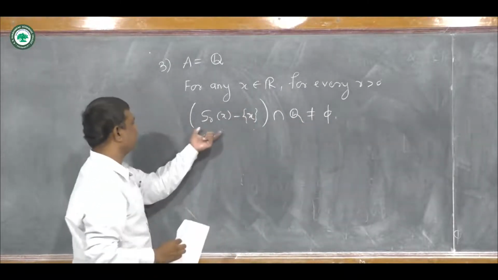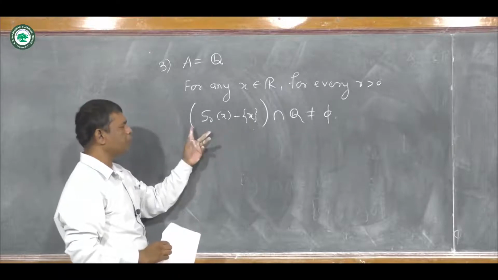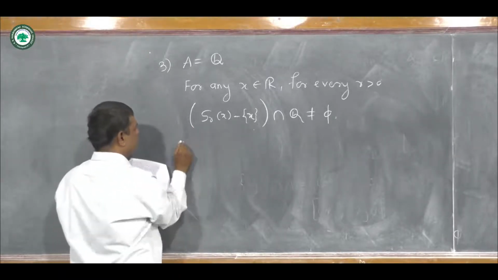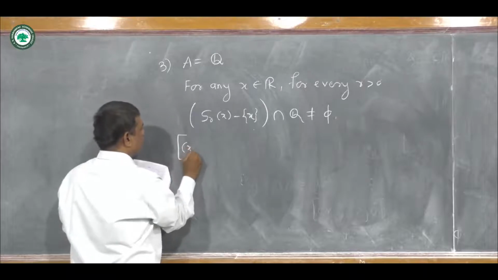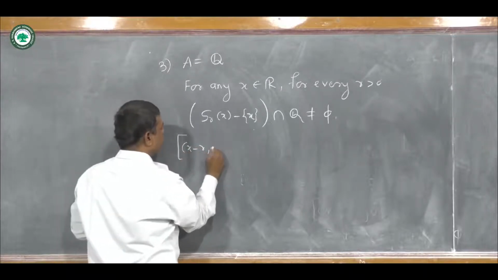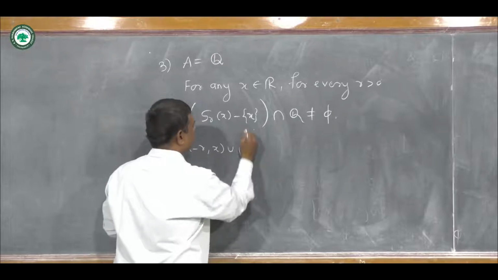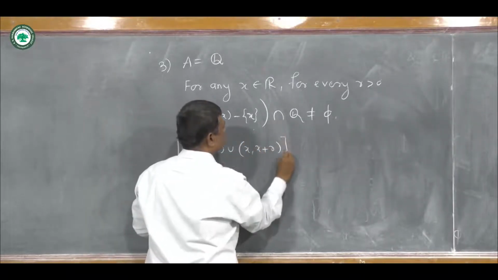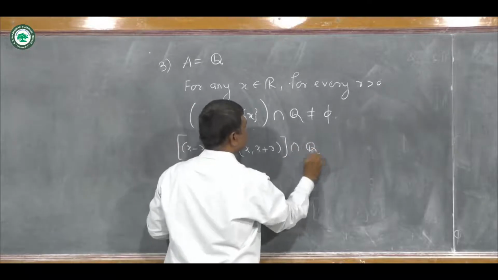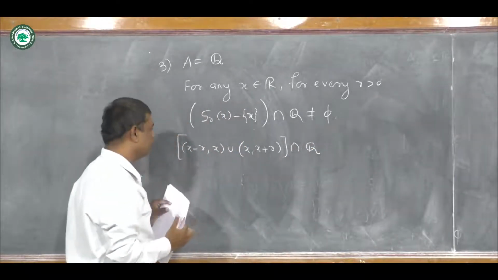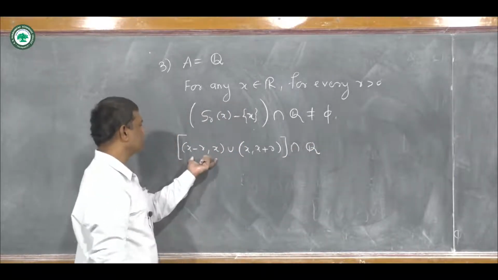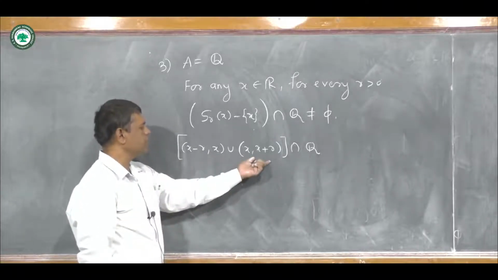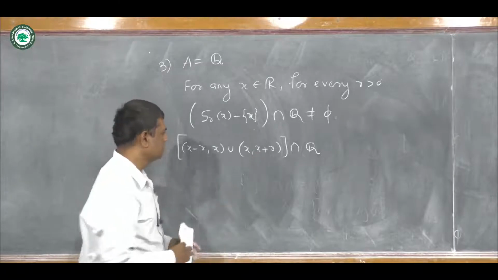Now remember that this set is nothing but the union of two open intervals, that is, the union of the open interval x minus r to x and x to x plus r, and we take its intersection with Q. This open interval contains rationals as well as irrationals, and this open interval also contains rationals as well as irrationals.